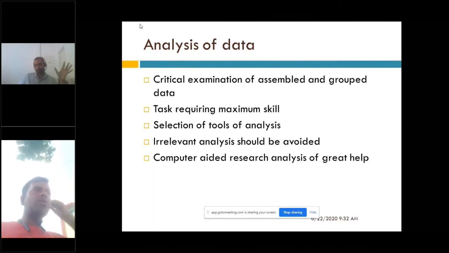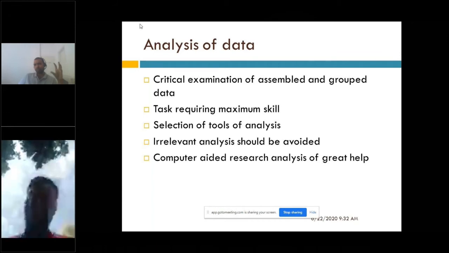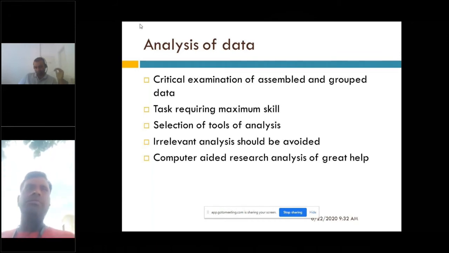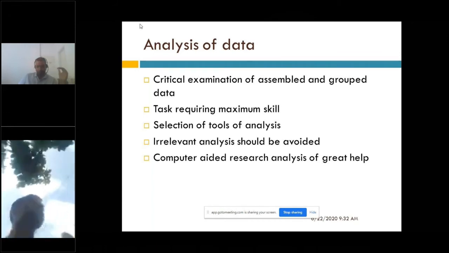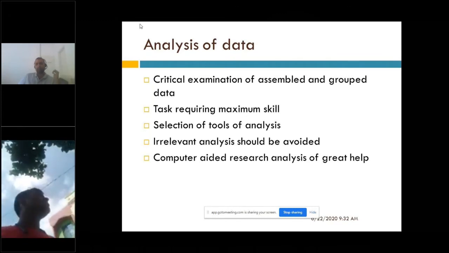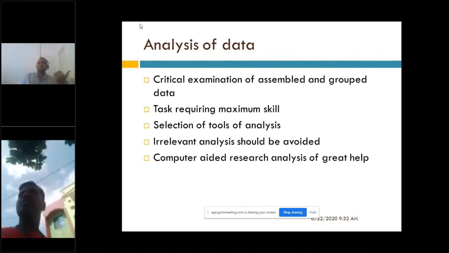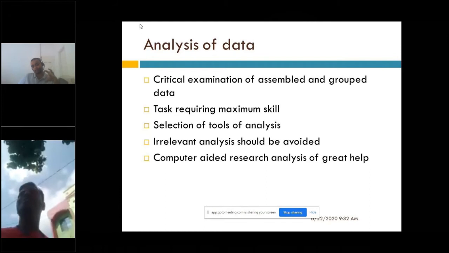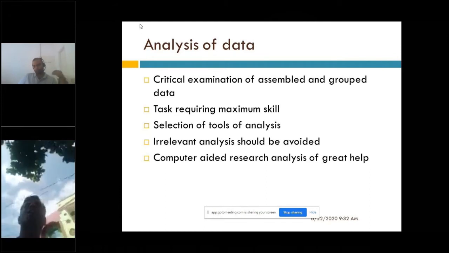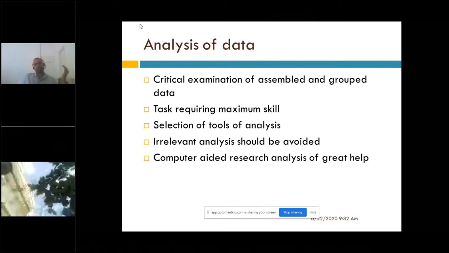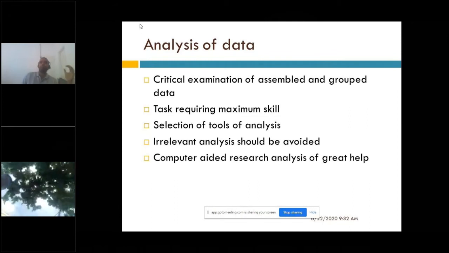One thing I think we missed, see, whenever we are collecting data, there are measurement scales: nominal scale, ordinal scale, interval scale, ratio scale. Which type of scale will be used for which type of analysis, that we have to understand. For example, nominal scale, we can simply report in percentage.